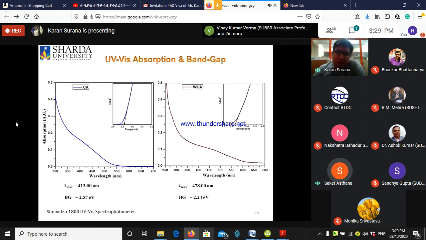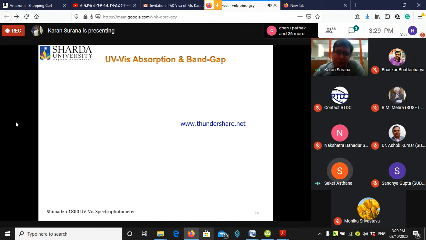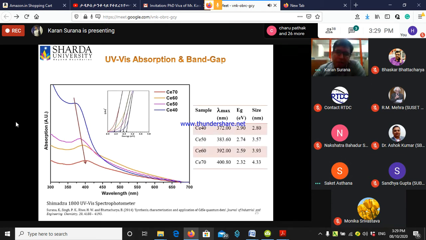Yeah, Karan, this is Saket here. Yes, sir. Can you go to the previous slide? So you are mentioning the size. Yes. And this size you have estimated by which method? Actually, this size came from XRD calculation, which is shown later. No, but you are mentioning it is a particle size.